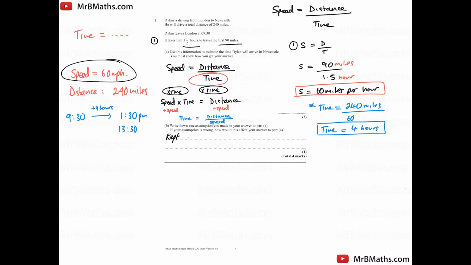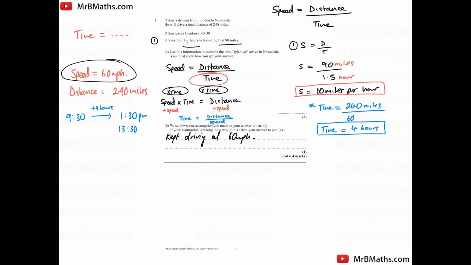So kept driving at 60 miles per hour for the entire journey. If your assumption is wrong, how would this affect your answer? Well, it would be assuming that there was no stops, or he didn't speed up.